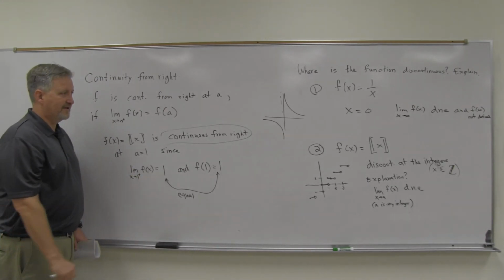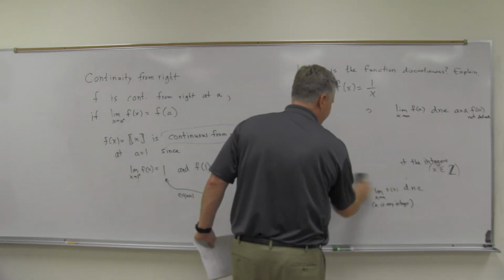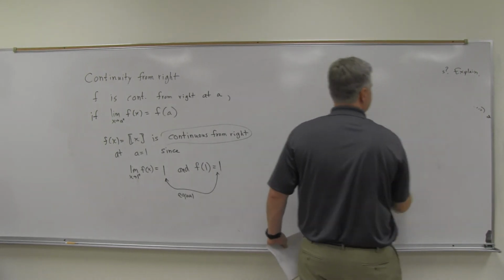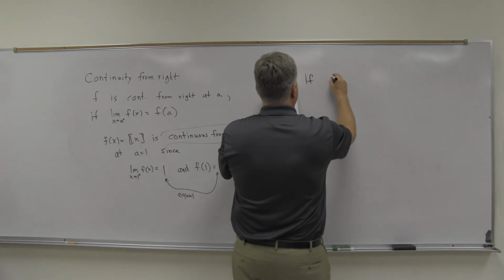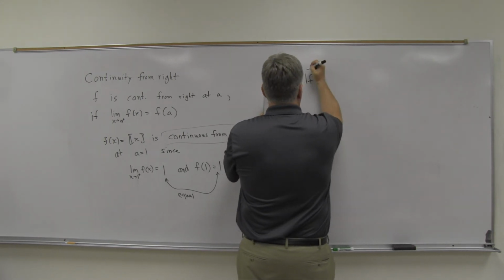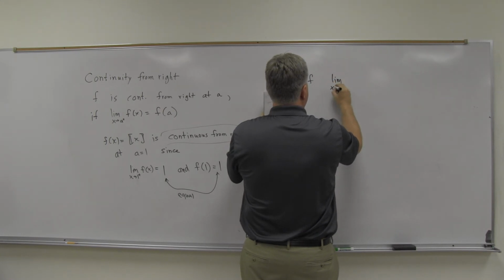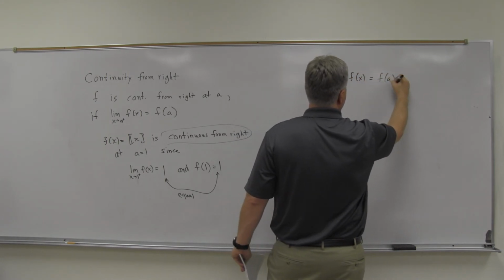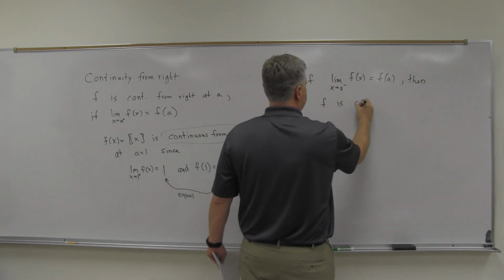Now guess what? If the limit as x approaches a from the left of f of x equals f of a, then f is continuous from the left at a.